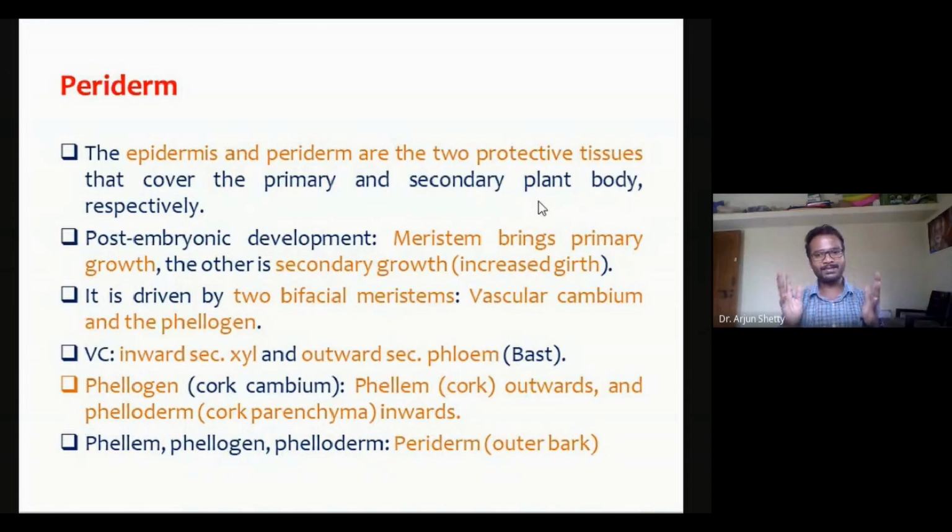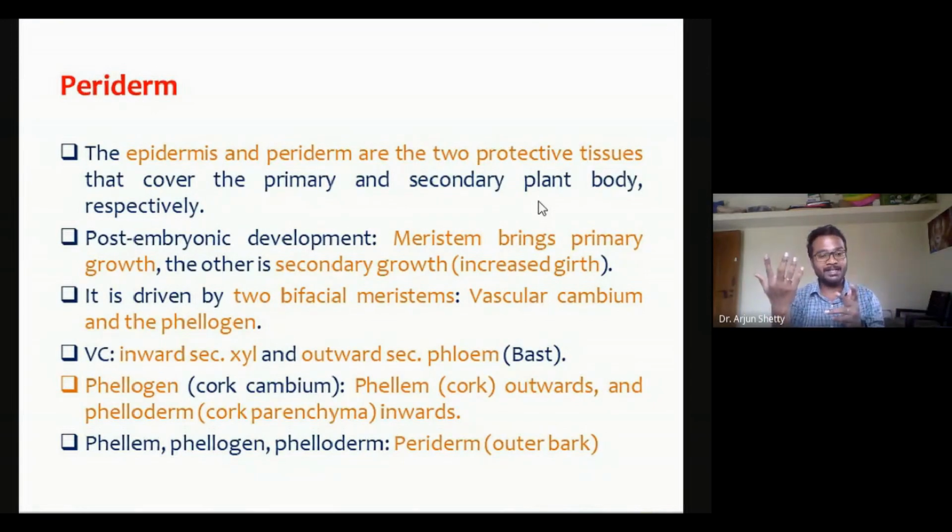As I already told you, the epidermis and the periderm are the two outermost protective tissues in the plant body. When the plant is young and exhibits only primary growth, the epidermis protects the internal structures of the plant body.